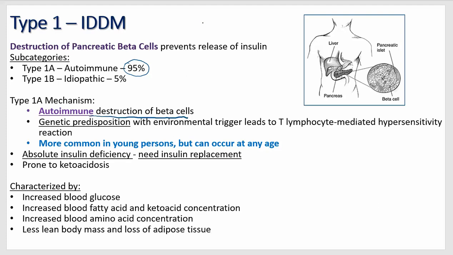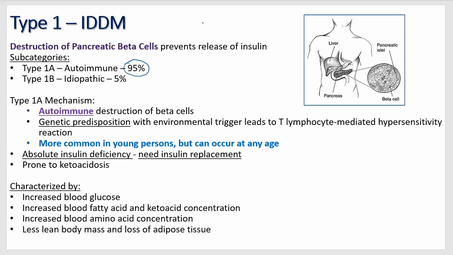That's 95%. 5% is idiopathic, which means we don't know. I guess we're idiots. We don't know, idiopathic, and that's 5%. But it's kind of just sort of thought of as an autoimmune disease because that's so prevalent.